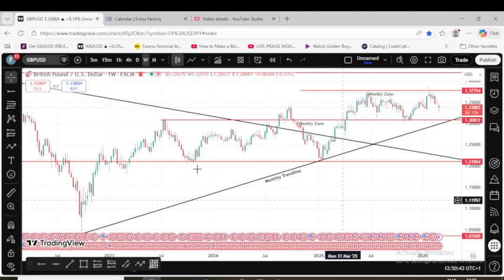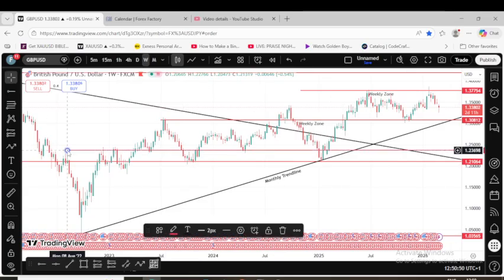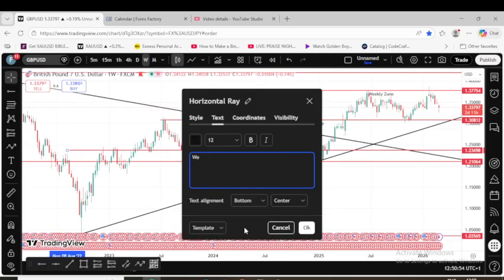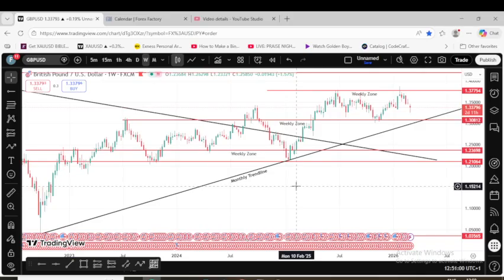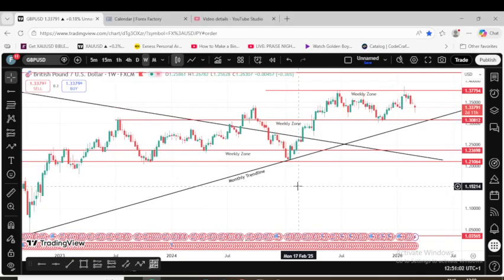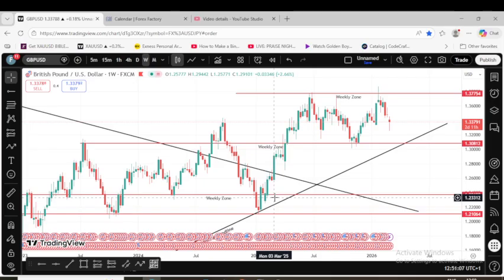Do we have any other zones that we can draw? I believe there's a zone here. Yeah. So we have another weekly zone here. So we have another weekly zone here.